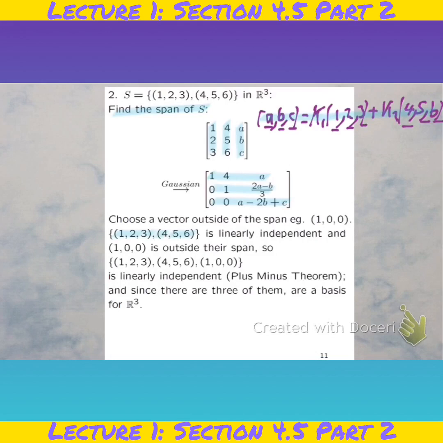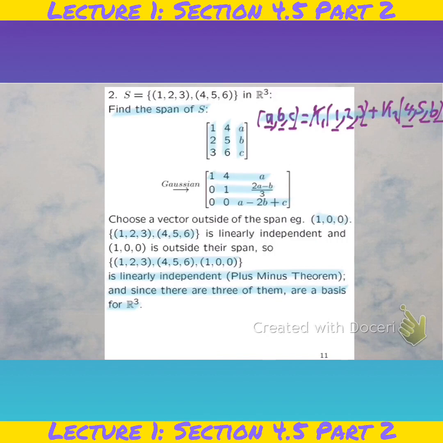And by the plus-minus theorem, if you have a linearly independent set and you have a vector that lies outside of the span of that set, then I can throw that vector back into the set to form this set here, and that set will be linearly independent.